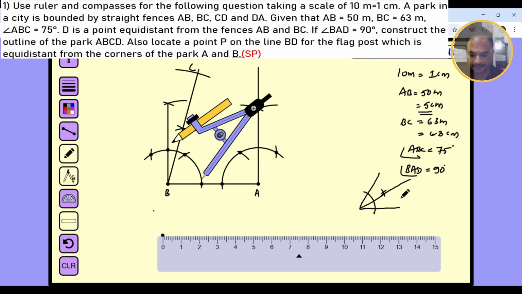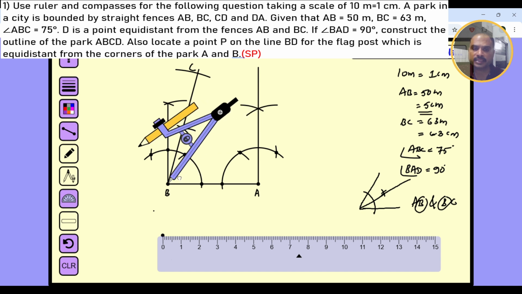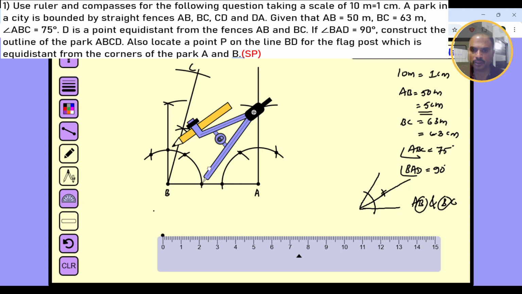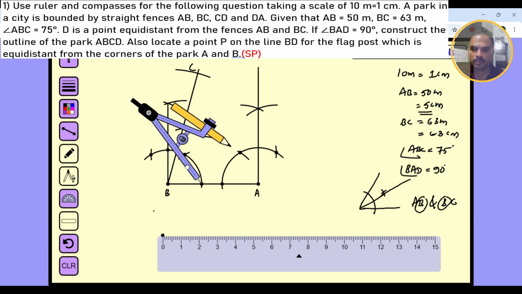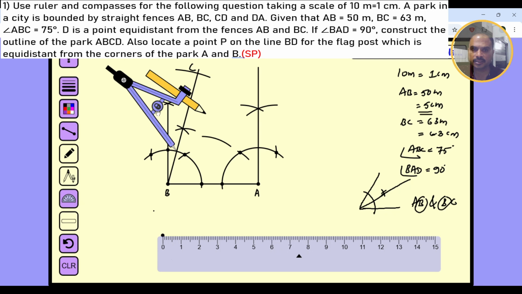They are telling that the point D is equidistant from AB and BC. See, AB and BC. So B is the point of intersection. That is how you need to identify. I need to bisect the angle B to get the locus of the point which is equidistant from AB and BC. Clear, children? So I will draw the angular bisector.